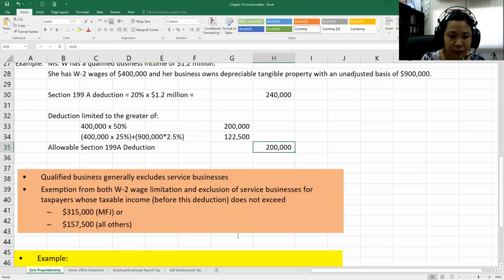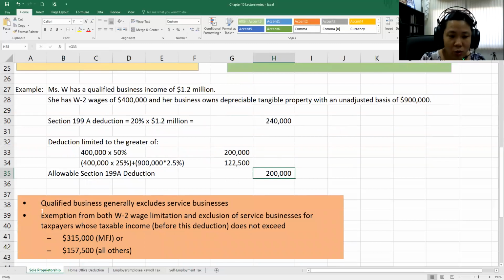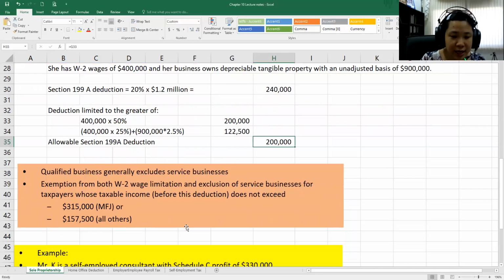Okay? And also, qualified business generally excludes service businesses. To be exempted from both the W2 wage limitation and the exclusion of service businesses, the taxpayer's taxable income before this deduction must not exceed 315,000, or 157,500.